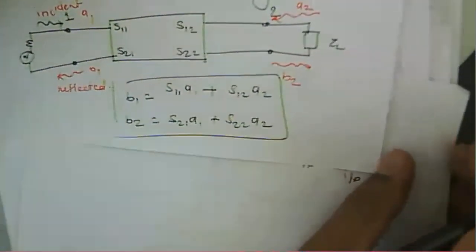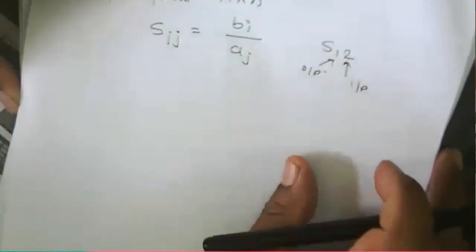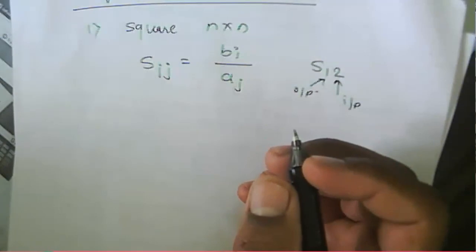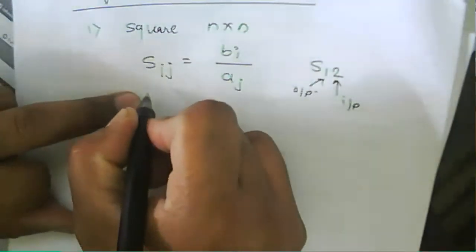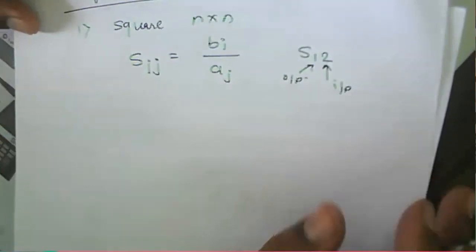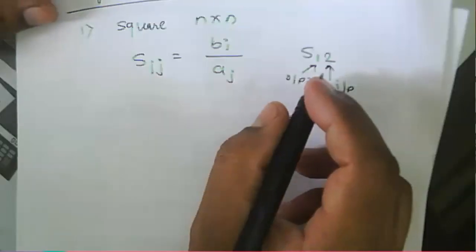Similarly, we can find S21, S31, likewise. So just remember that in Sij, i is the output, the scattered wave at that particular port, and j is the input at that particular port.